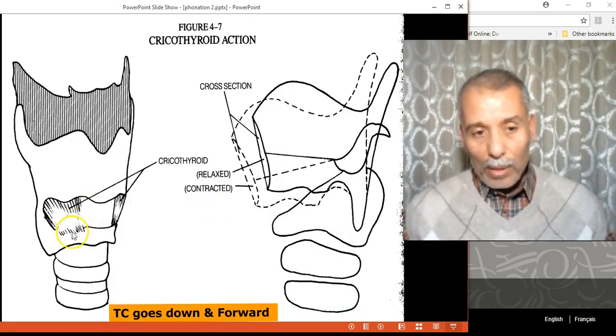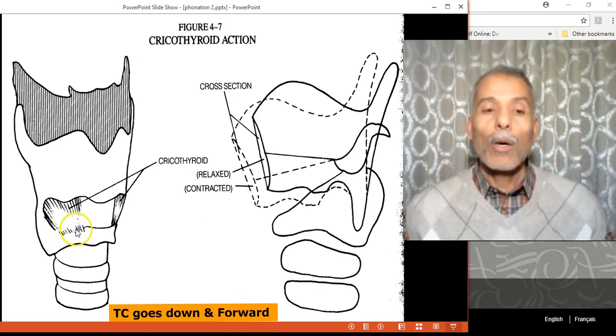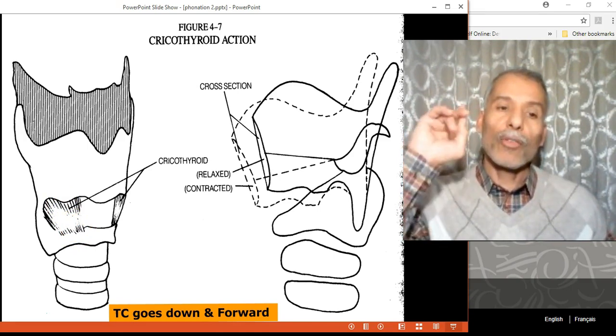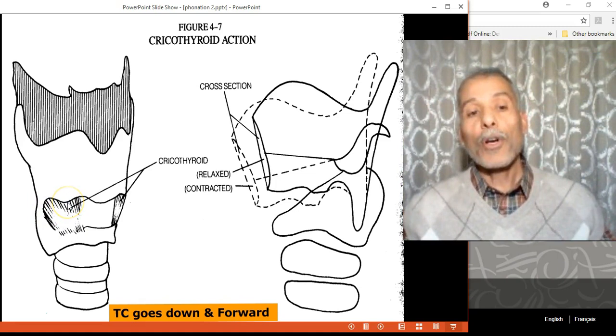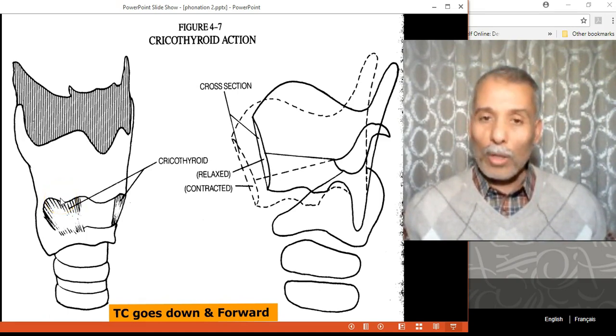So here is the cricothyroid muscle. Understand its origin. It originates on the superior anterolateral margins of the cricoid cartilage, and it courses superiorly and laterally to insert onto the inferior lateral margins of the thyroid cartilage.